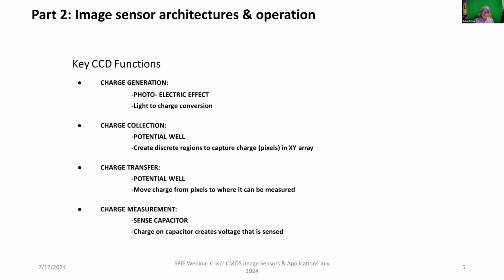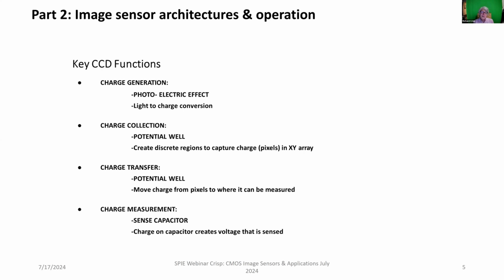I'm bringing that up because that was the original solid state image sensor, and it's easy to understand how they operate, and a lot of the same principles behind the CCD are used in CMOS image sensors, which essentially dominate the business today. But we'll start out with CCDs. The first thing that we need to do is the charge generation, and I've just talked about that. It's the photoelectric effect.